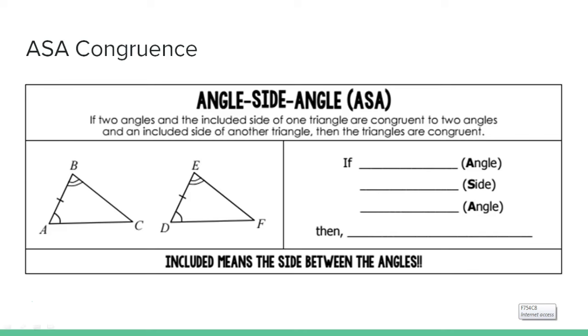The first one we're going to look at is the angle-side-angle congruence. It's just a complete reverse of what we have when we talk about side-angle-side.